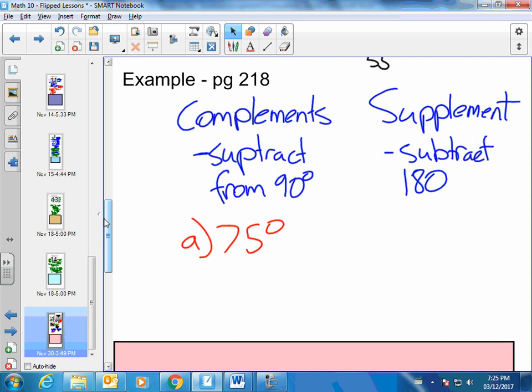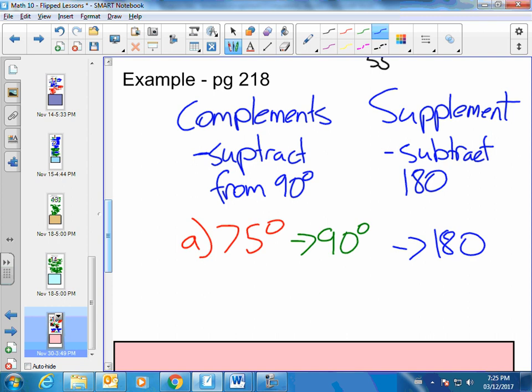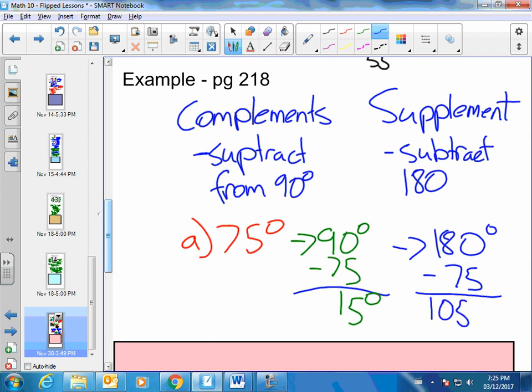So if I have an angle that is 75 degrees, the question is, how much more do I need to get to 90? Or if I want to get to 180. So it's very simple. All I'm going to do here is 90 minus 75, and then over here I do 180 minus 75, and I find out that the complement to this angle is 15 degrees, and the supplement to this angle is 105 degrees.